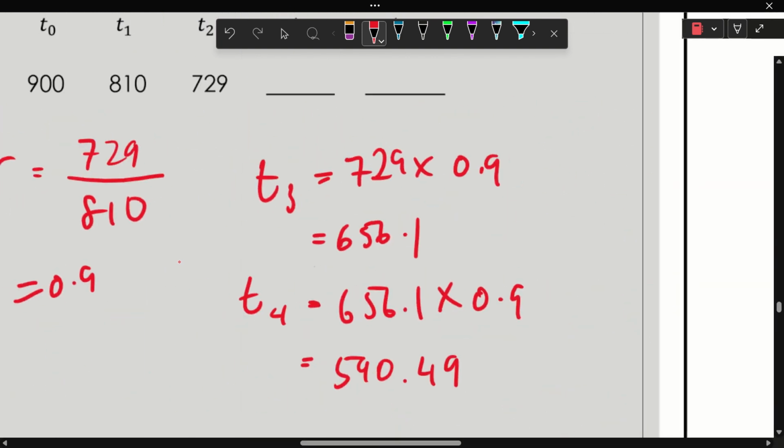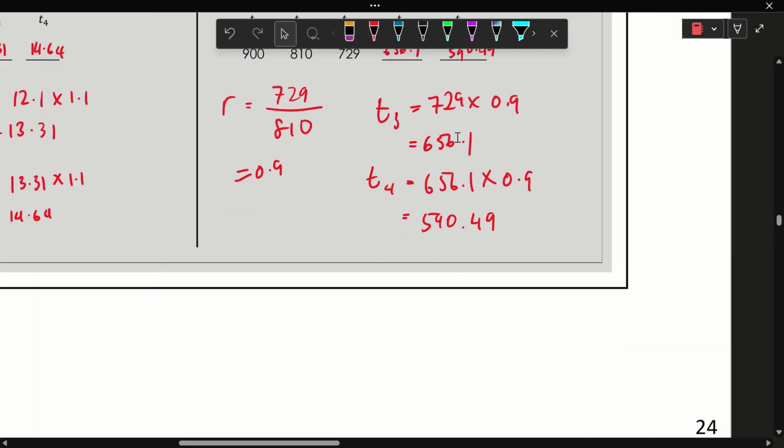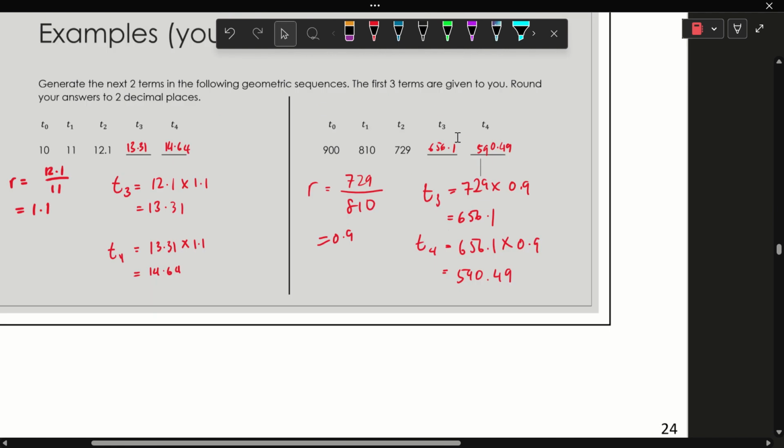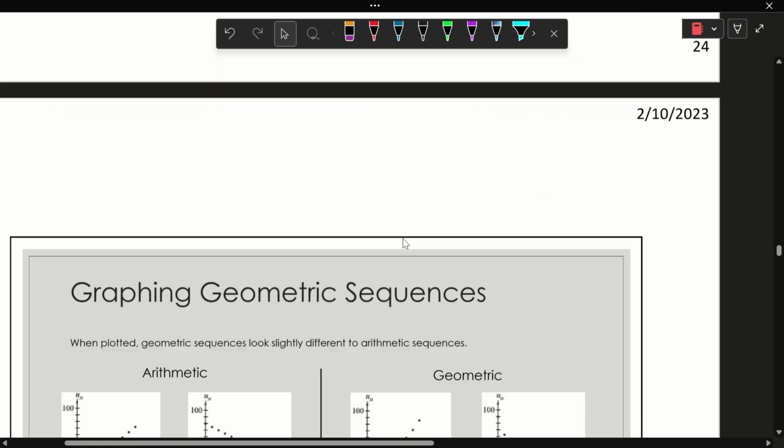Easy. 656.1, 590.49. All right, any questions with that, guys? Geometric sequence, not hard. Same as arithmetic, just multiply.